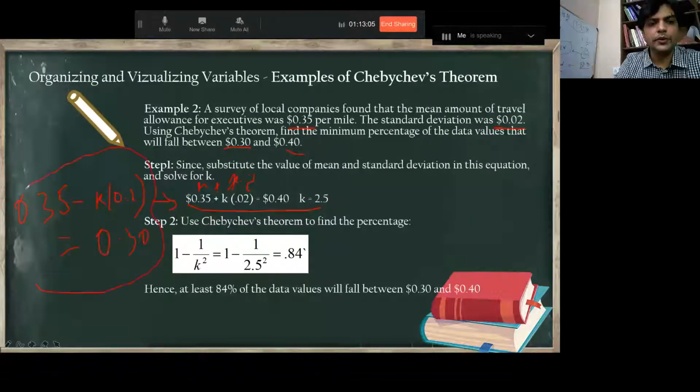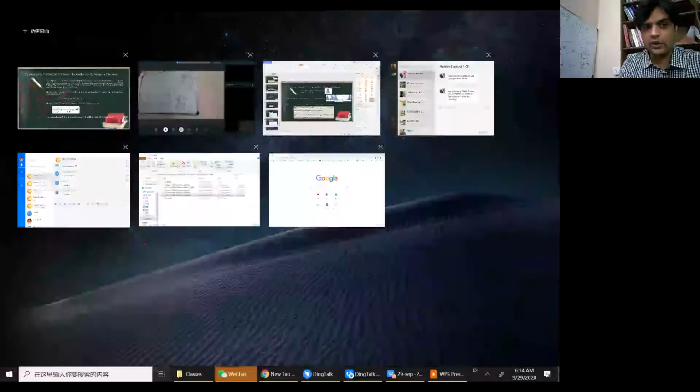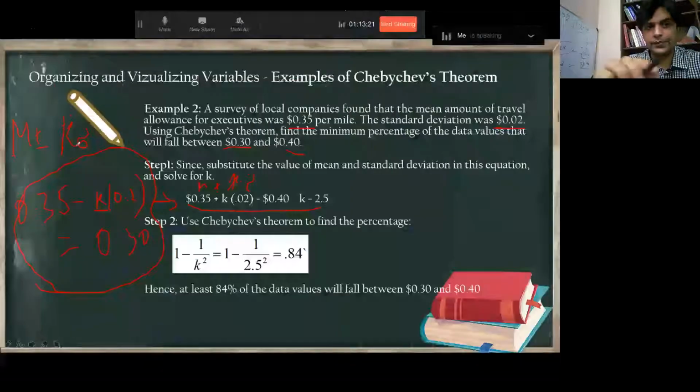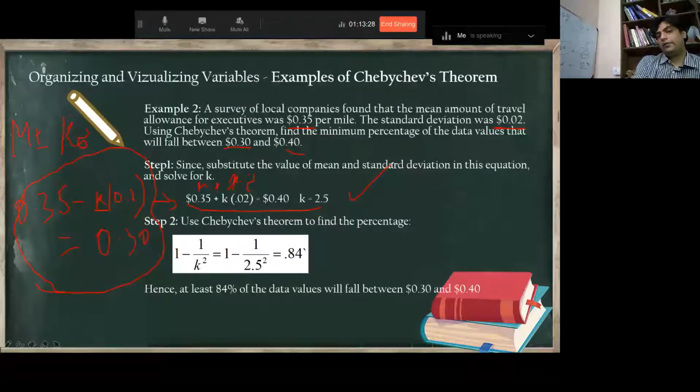So you can solve for k and you can get the k, and from the upper. So that's why it's mu plus minus k sigma. Okay, so you can get it both ways. Once you have done, you can get k as 2.5. You can put it into the percentage.